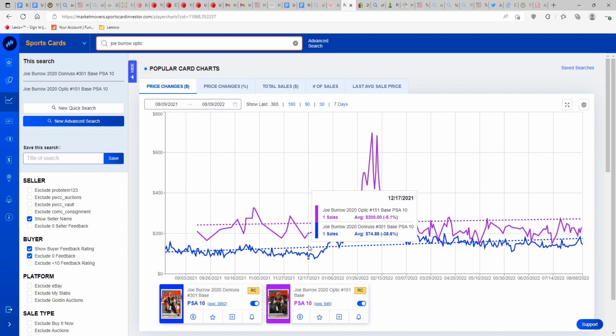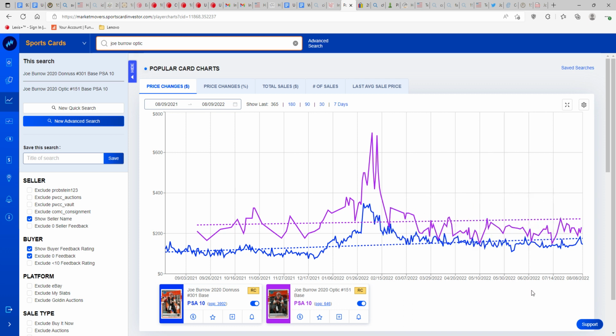So if you saw it for $140 and you thought it was worth $200, that would be a really great opportunity for you to swoop in and buy the Optic 10 and grab what appears to be 30% unrealized value in that Optic base PSA 10.